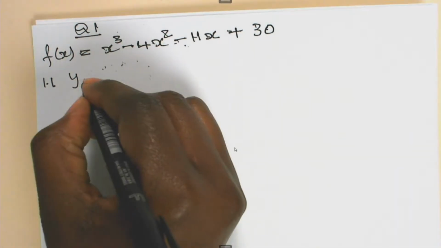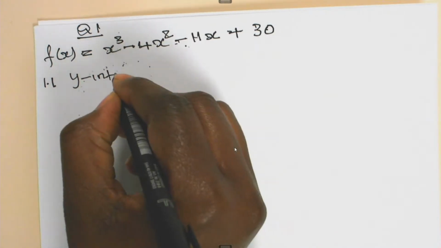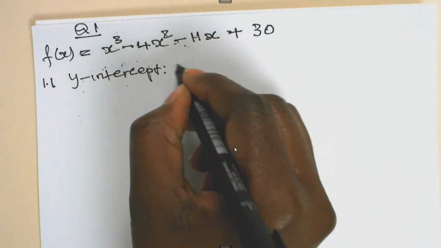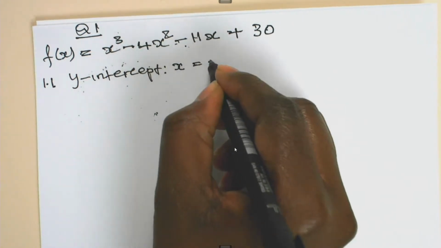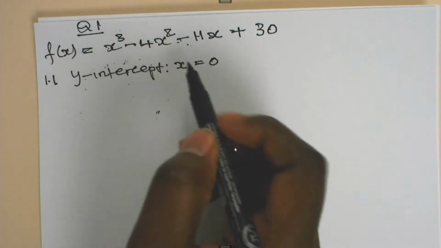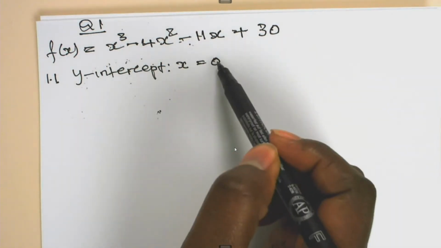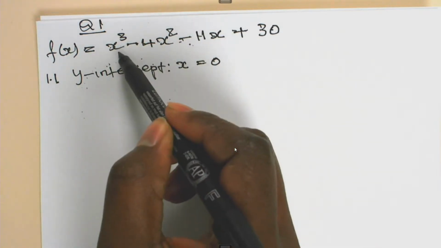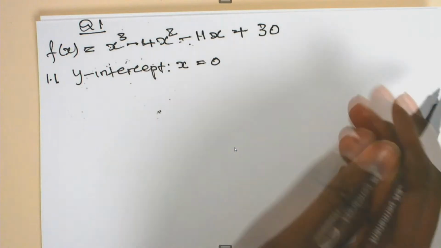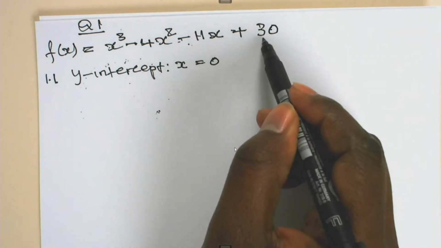We know that for the y-intercept, we let x be 0. Therefore, if we substitute x is equal to 0 into our equation, you can see that we're going to have 0 here. Ultimately, the y-intercept will be equal to 30.